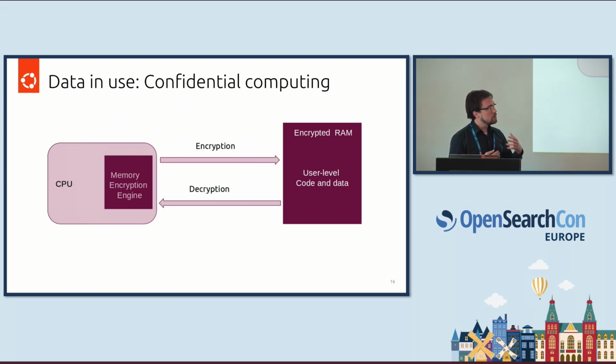And you are also running on a trust environment, or as in confidential compute is called, an enclave, which is a trust section of the CPU. That's for the encryption side.